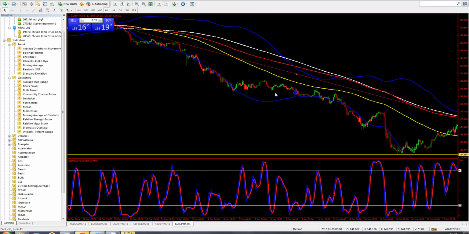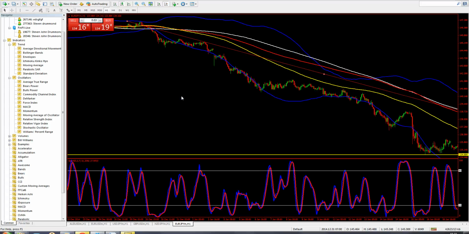So we use the moving averages on the hourly chart to plot out possible support or resistance levels. Especially in a trending market, the price will usually retrace to a support or resistance level and test the strength of it before bouncing from it or breaking through.